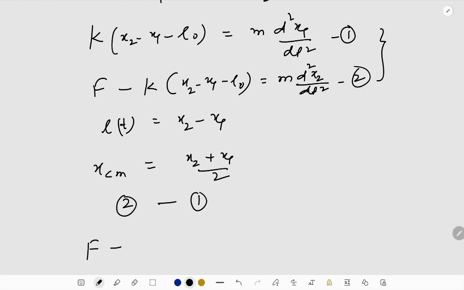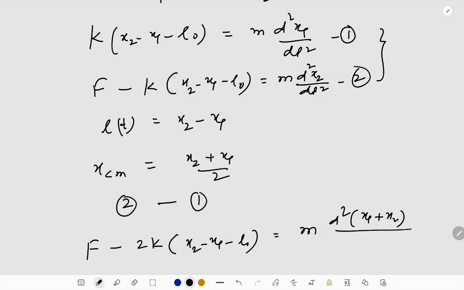from the left hand side, you can get F minus 2k times x2 minus x1 minus l0, and on the right side you can write m d2 of x2 minus x1 upon dt square.